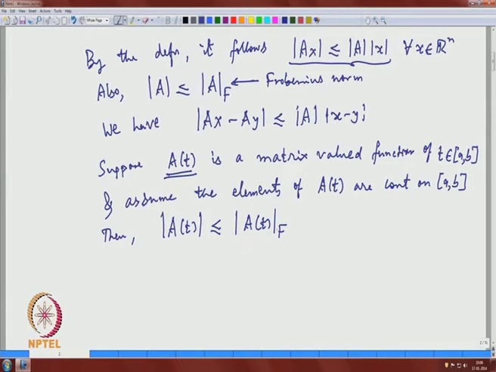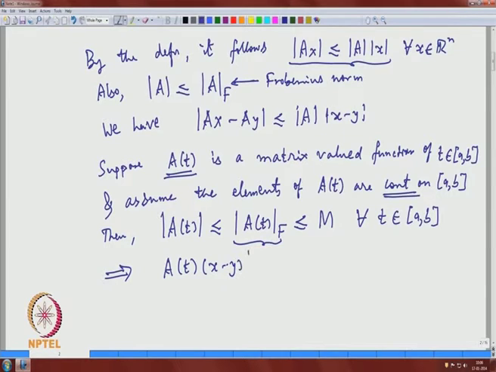Since the Frobenius norm is the sum of squares of the elements of A(t), and since they are all continuous, this is bounded; let me put m for all t in [a,b], using continuity of the elements of A(t). So we have this useful inequality: norm of A(t)x minus A(t)y is less than or equal to m times norm of x minus y for all t in [a,b].